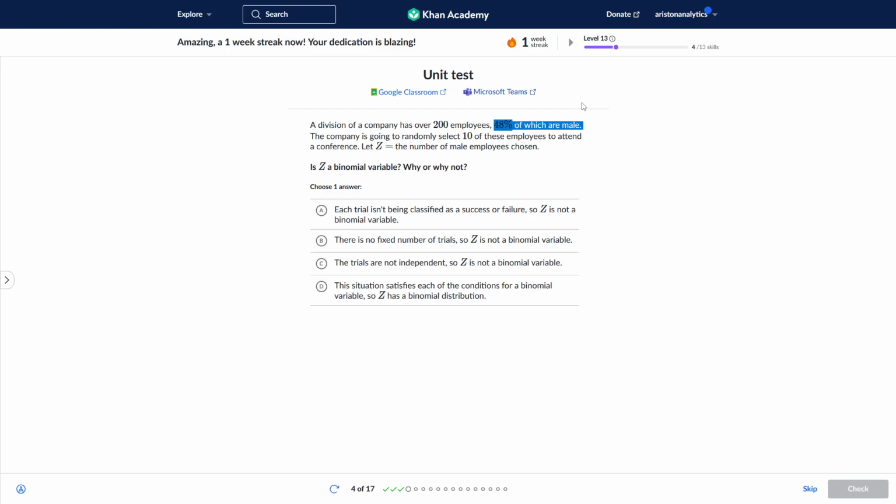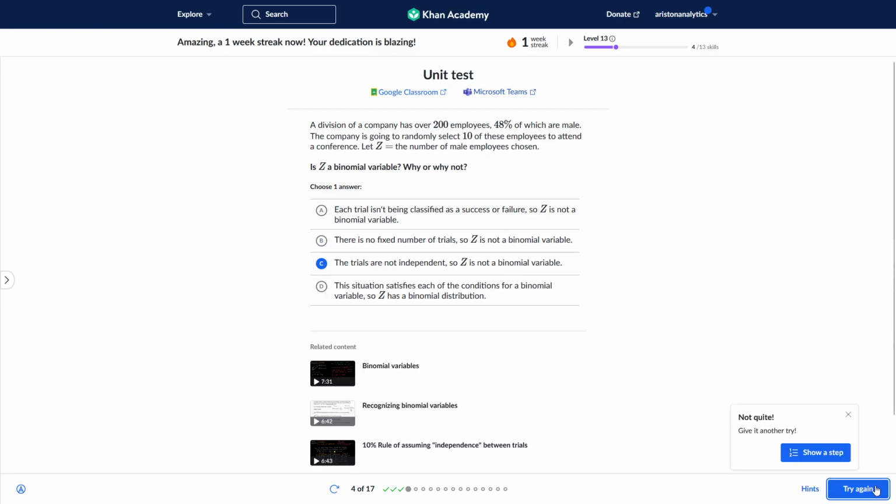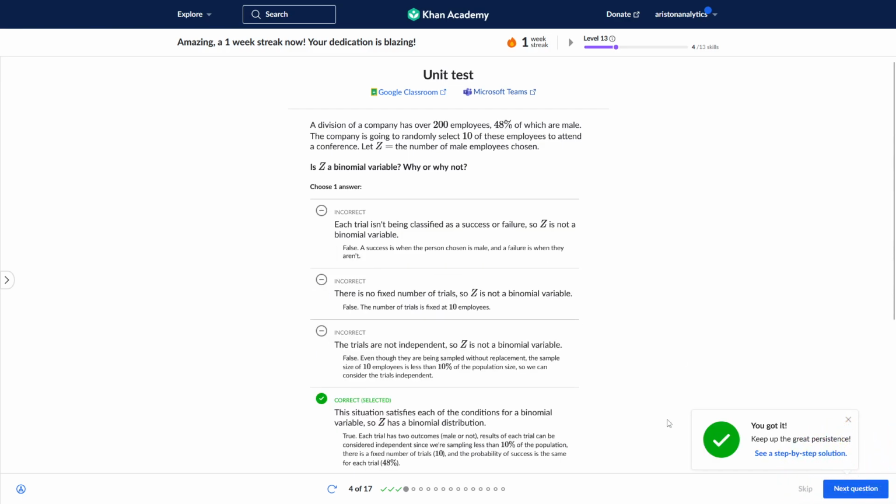So every time you choose someone, there's one less male or one less employee, so that affects the stuff. Really now? That doesn't make sense. Wow. What the fuck? Oh my fucking god.